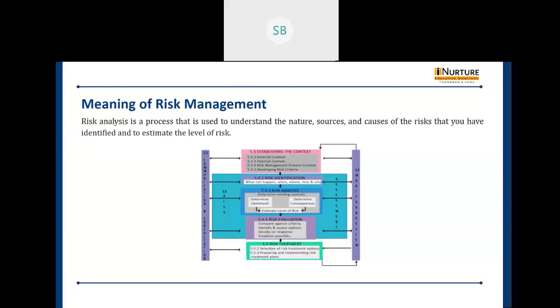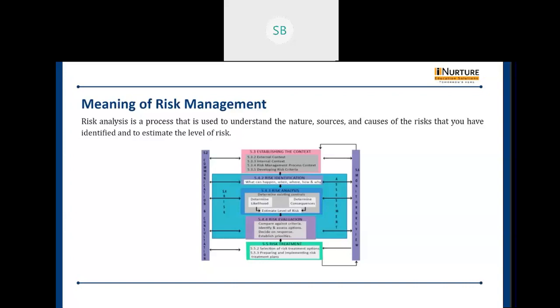Right. So why do people go for risk analysis? We go for risk analysis so that we are able to identify the nature of the risk, the sources which have caused the risk, from where the risk has been caused, then the causes of the risk. If it is identified at an earlier stage, we can reduce the impact of the risk.